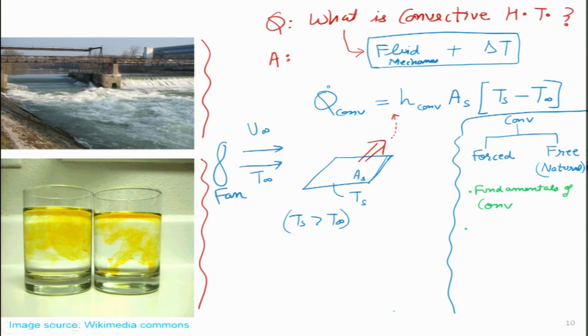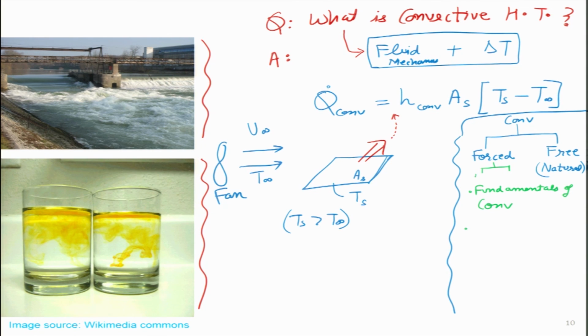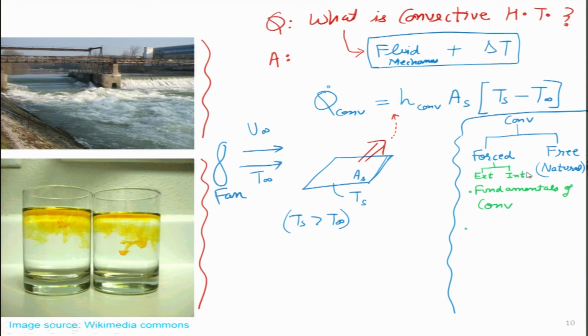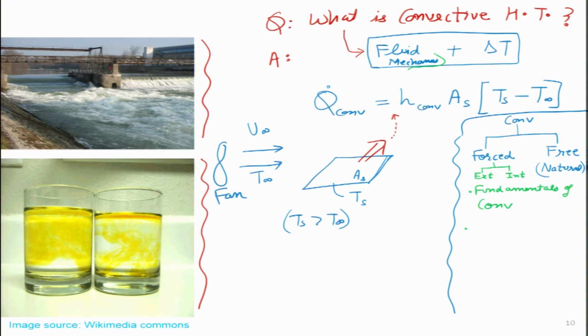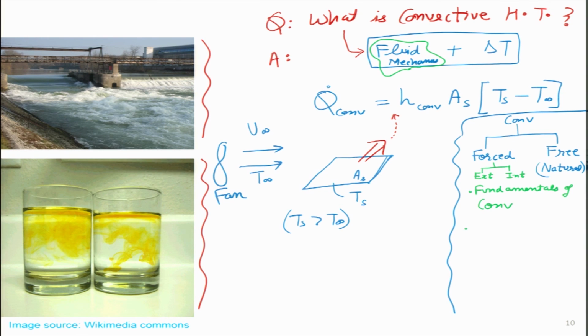Then we will look at forced convection, and that also we will divide into two parts, whether it is an external type of flow or an internal type of flow. This is a classification because a major portion of the physics behind convective heat transfer is determined by the fluid properties and the flow properties, which is why we now go back to the slide over here.